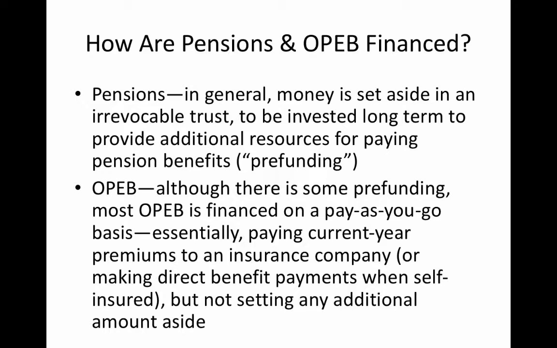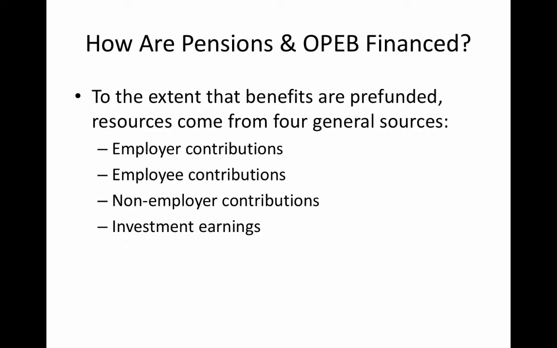But in general, governments don't set money aside in advance for OPEB. And that has an impact on the way the benefits are reported and the information that you're likely to see.